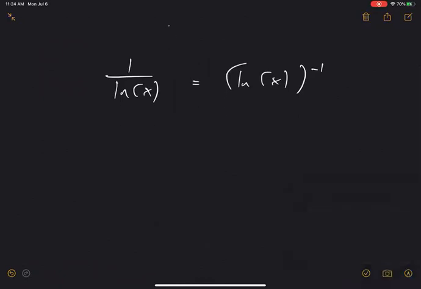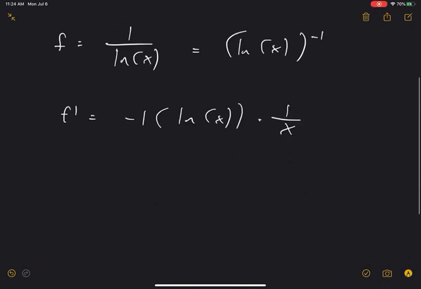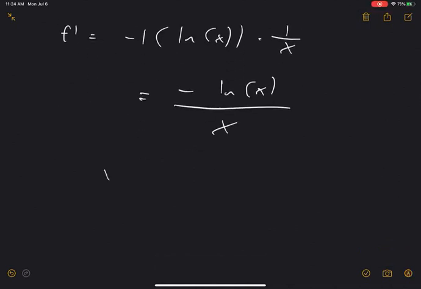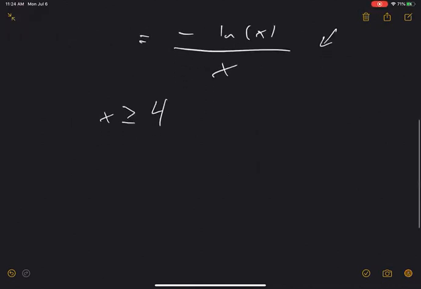Let's say this is f. f prime is equal to what? -1 times ln of x to the -2, times 1 over x, right? So this is my derivative. So for x greater than or equal to 0, actually, our series is starting at 4. So for x greater than or equal to 4, this derivative is negative, right? And think about what a negative derivative means.